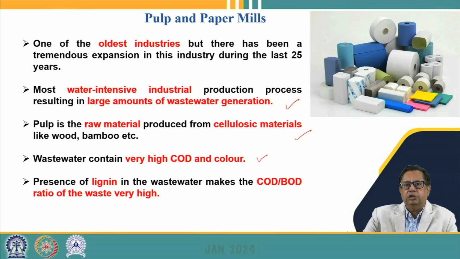Similarly, when we are going for the chemical pulping process, in that case also a lot of color comes into the wastewater. And the presence of the lignin makes the wastewater highly non-biodegradable, because the BOD by COD ratio may be very low in such a case, because lignin is highly non-biodegradable in nature, which makes the wastewater non-biodegradable.